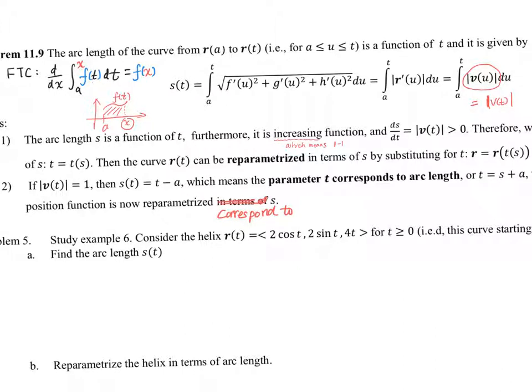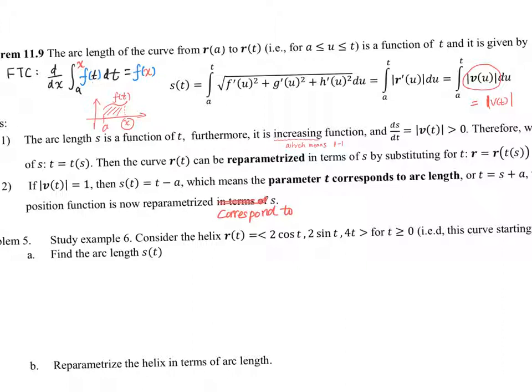Which means the parameter t now corresponds to arc length, or t is equal to s plus a. This is the terminology that we use to describe what we see here when the speed is 1.